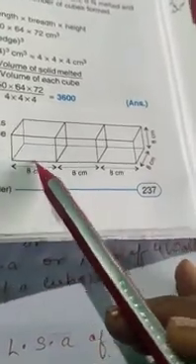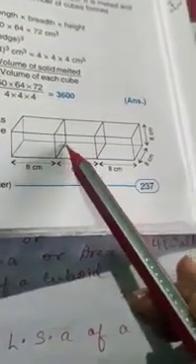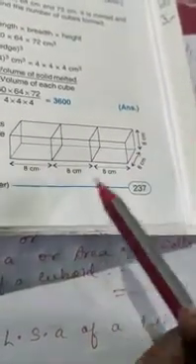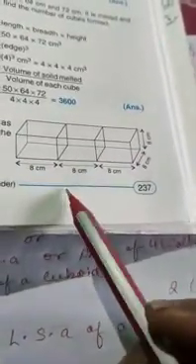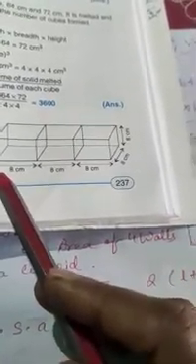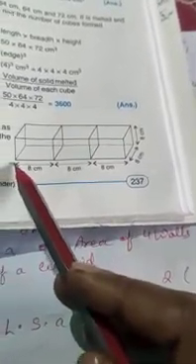So you can see here, in a cube, length also 8, breadth also 8, okay? All sides are equal in a cube because it is based on a square. So in total surface area of cuboid, what is the formula? Twice of LB plus BH plus LH, right? So we need to find length, breadth and height.